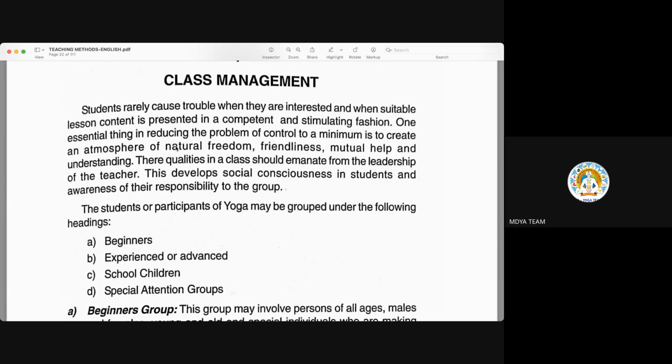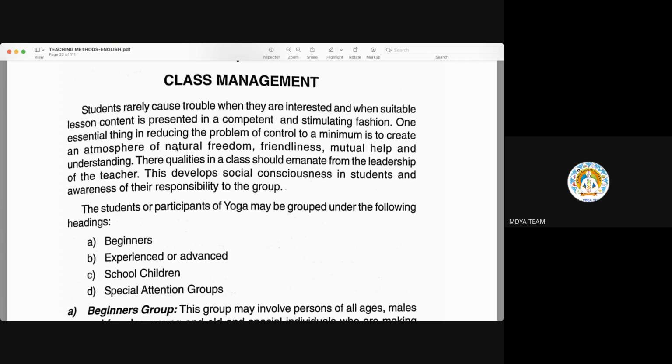A teacher must be aware of their thought process and their background, because if there is a very large difference between two students, it may cause some problems or issues among the students.